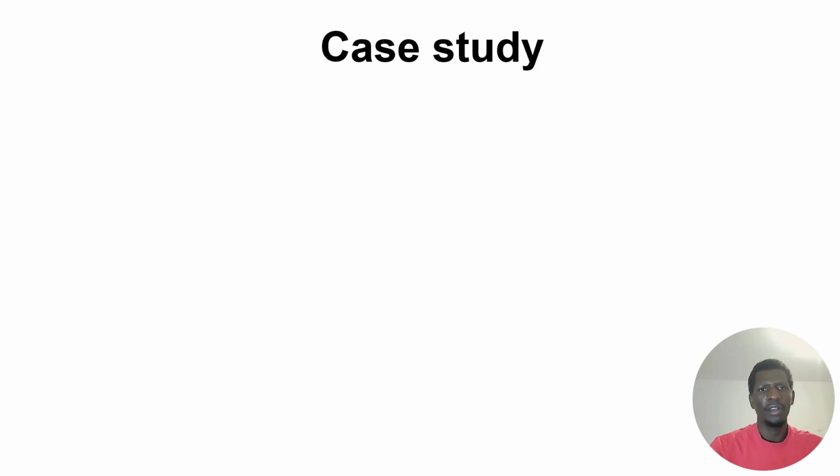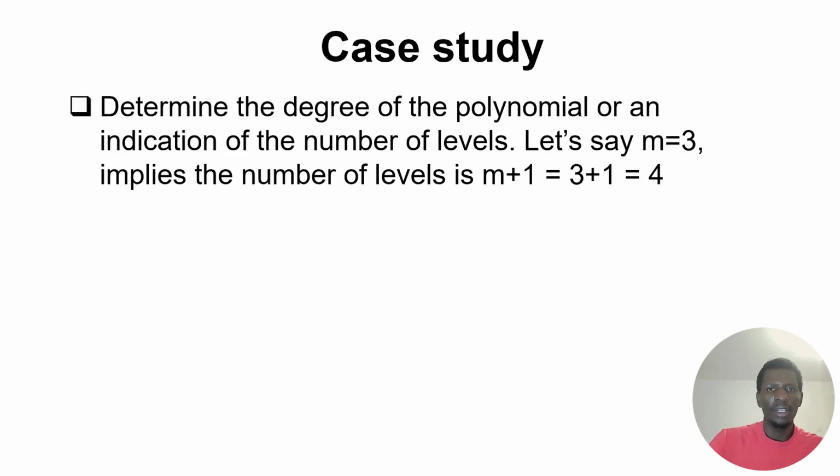Now we have our design objective, we have our factors, we have set our limits, we have determined the constraints, we have determined if the limits satisfy the basic design constraints, and we've seen that they satisfy the basic design constraints. So the next thing to do is to determine the degree of polynomial, or the indication of the number of levels.